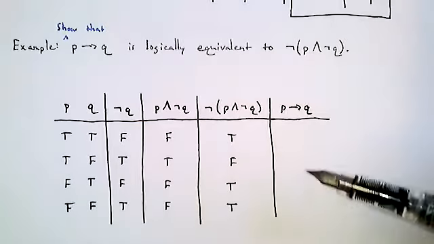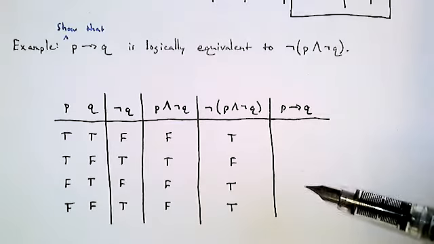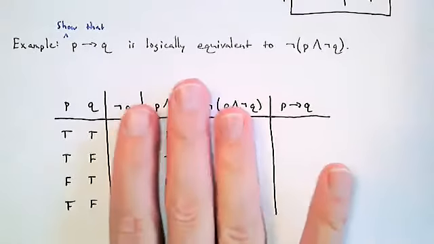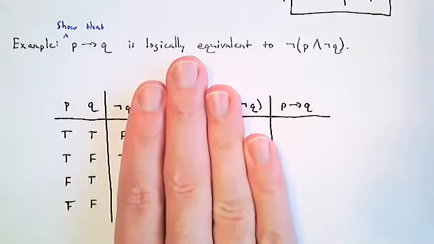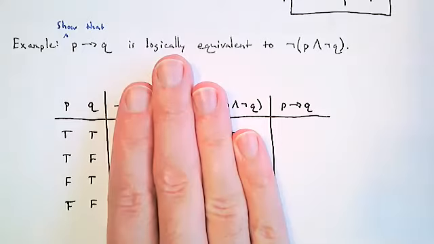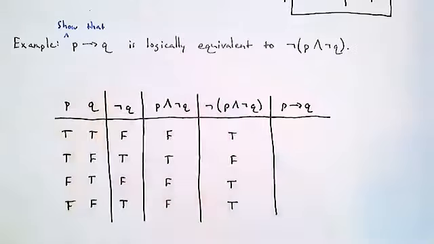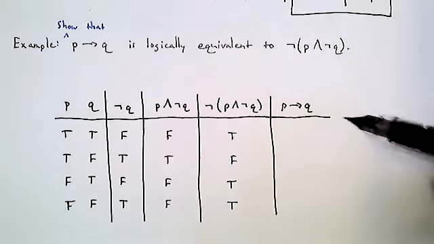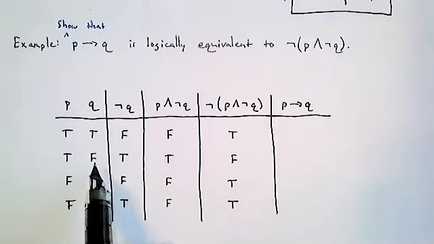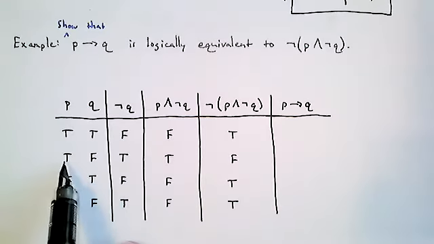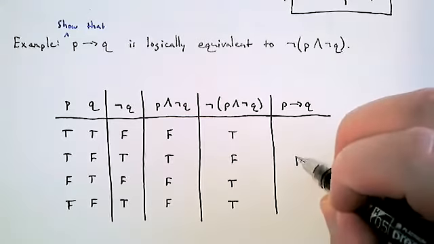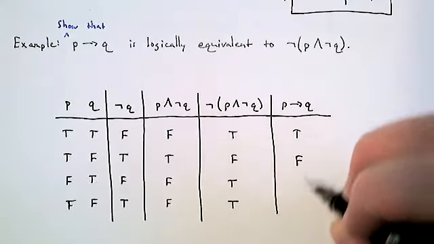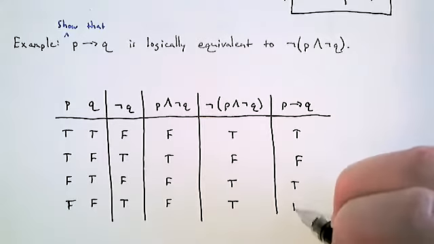Someone remind me the truth values for this one. So ignore all of this for this second, and then just fill in that column. For that statement to be true, P cannot be true and Q be false. Good. So that only corresponds to this row where P is true and Q is false. So this is the only time it's false, and the other 3 are true.